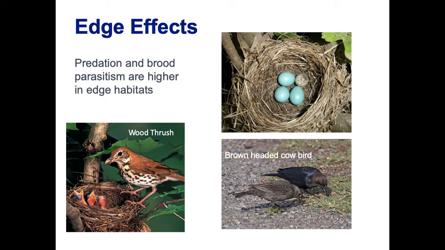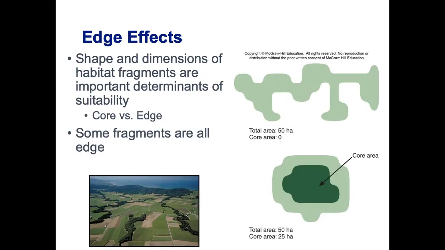And so some forest birds don't do well if they have this parasitism because the brown-headed cowbird chicks are very large, and it can prevent the host species from actually raising any young at all, and so that can be very detrimental. And in these edge areas, you are much more likely to have this brood parasitism occur.